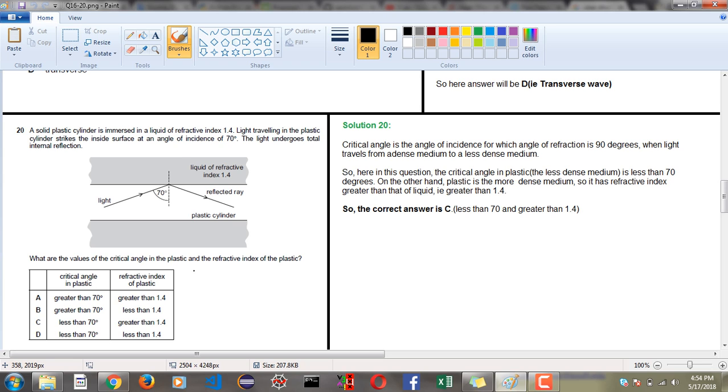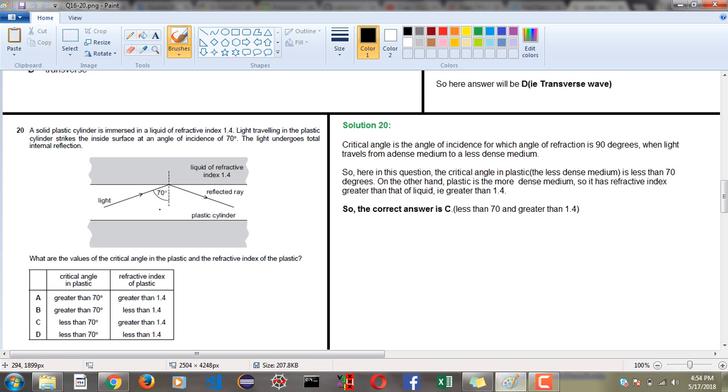Now, what is total internal reflection? We first need to know what the critical angle is. When light travels from a dense medium to a less dense medium, the light refracts away from the normal. So here if it goes like this, the light will travel like this.